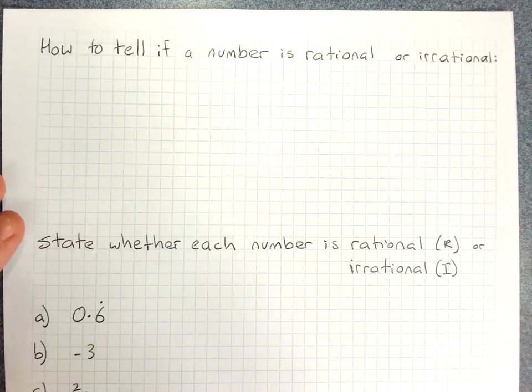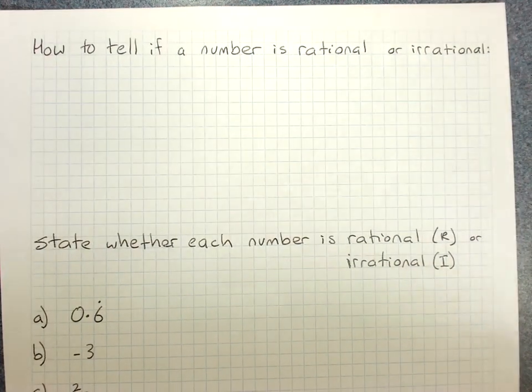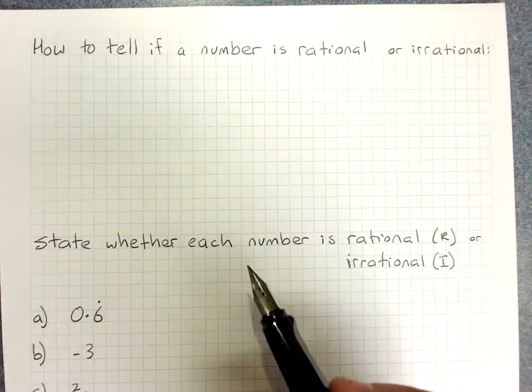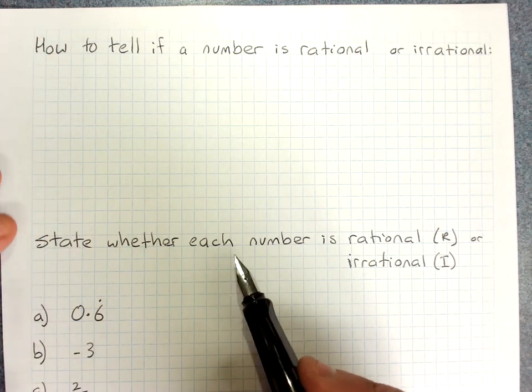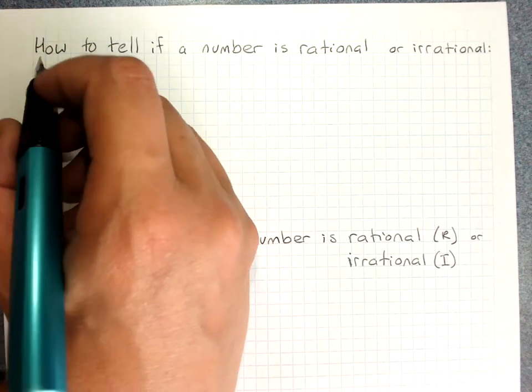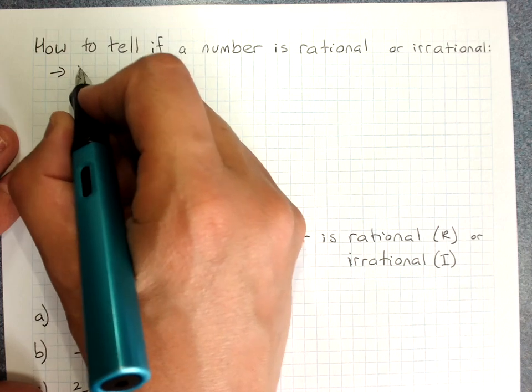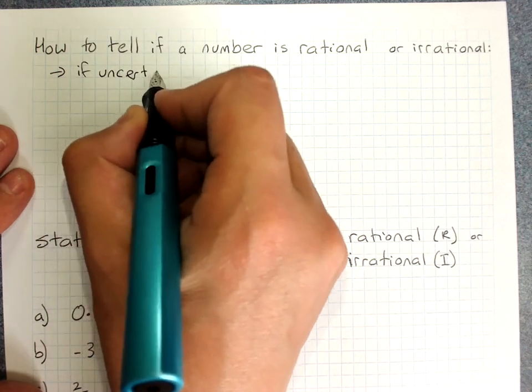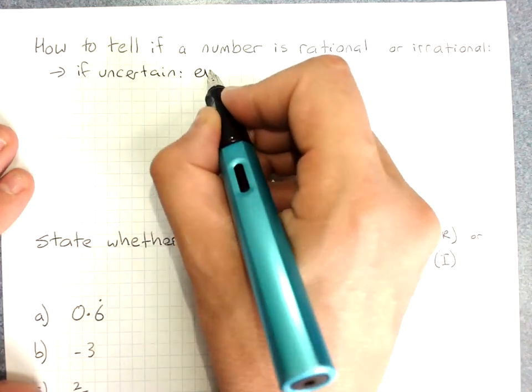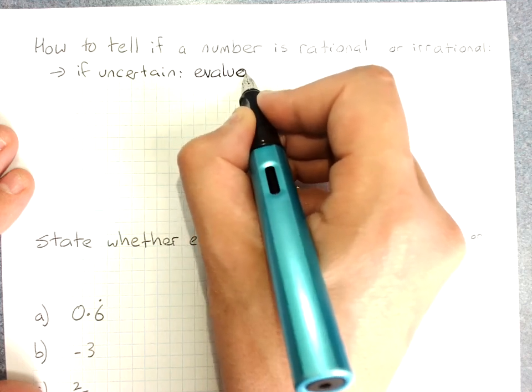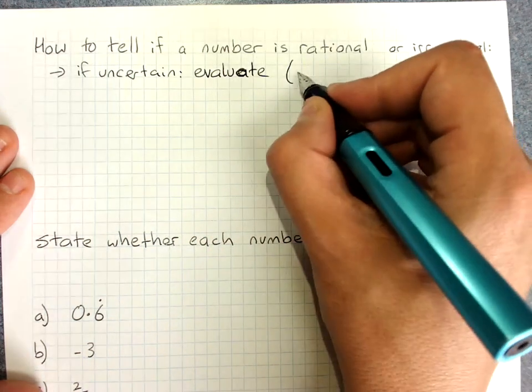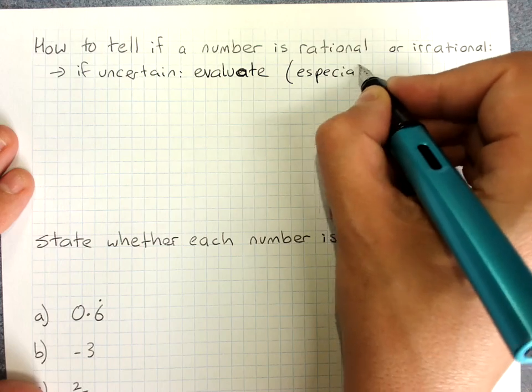How do you tell if a number is rational or irrational? Either you could just follow the recognition rules I just taught you, but if you're feeling a bit uncertain, evaluate it with your calculator, especially if it's a root.